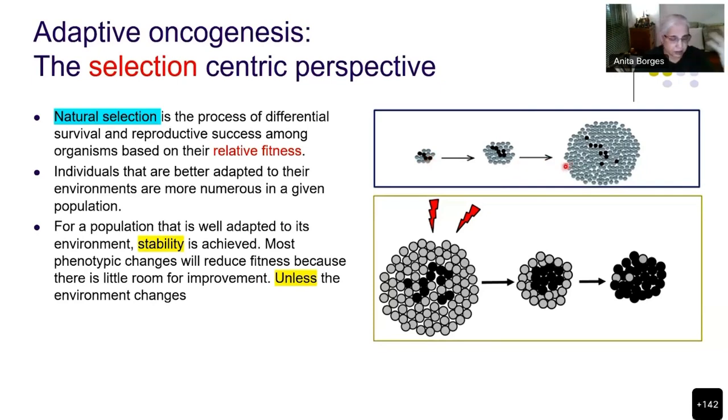Now, I already showed you this thing, that lying in a tumor there are clones. It may be one, it may be two, it may be more, right? And this is the evolution of the tumor, where one clone has got an advantage in a particular environment. When that environment changes, that clone that had the advantage then loses its advantage, and the other clone becomes dominant. Okay, and this is what natural selection is. It's the process of differential survival.